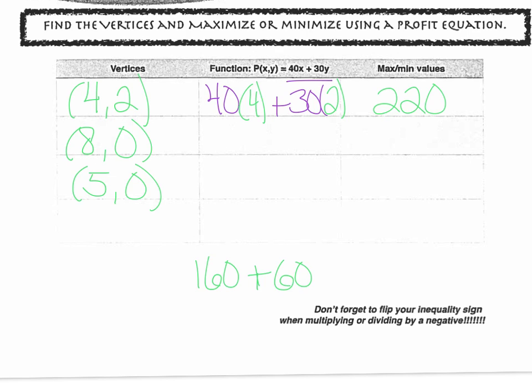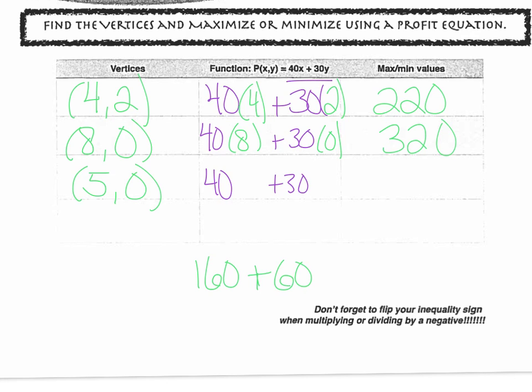All right, and we're going to do that for the next two. Just setting them up here. So you keep the 40 and the 30 every time, and you're just replacing whatever your vertex was. Well, this one is going to be 40 times 8, which is 320, and 30 times 0, so 320 here. And in this situation, 40 times 5 plus 30 times 0, which would give me 200.